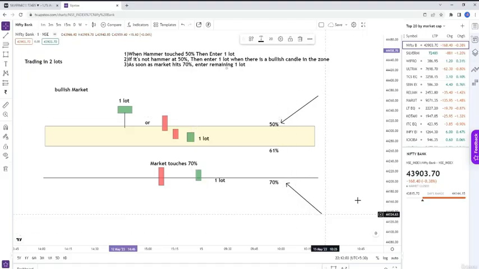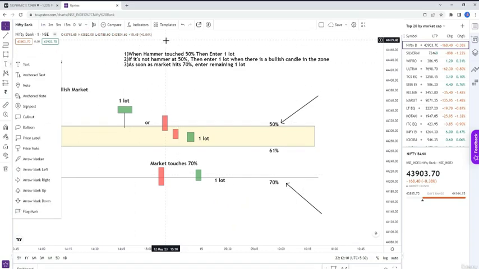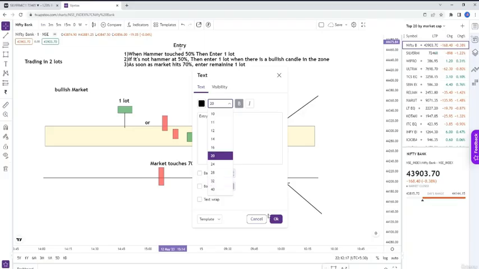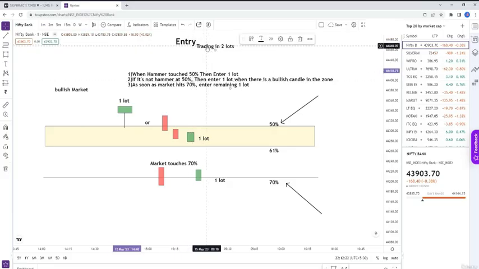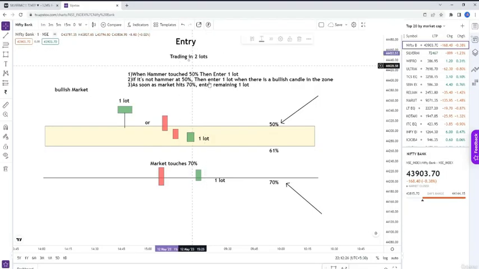Enter the remaining one lot. This is how my entry happens. We are talking about entry and trading in two lots.